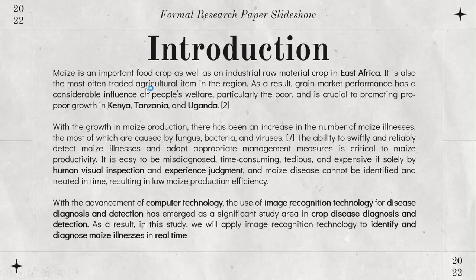It is one of the most often traded agricultural items in the region because it's cheap and can easily be accessed by poor people. As a result, the grain market performance has a considerable influence over people's welfare. Maize has a considerable influence over everyone, particularly the poor, and is crucial for promoting proper growth.